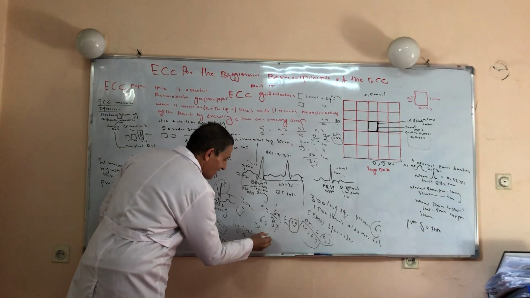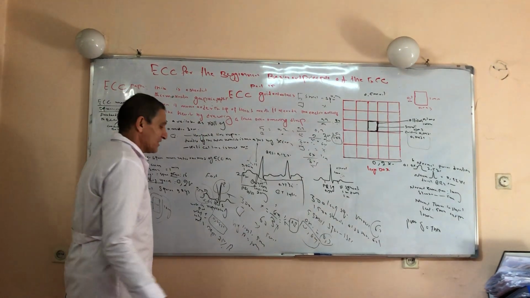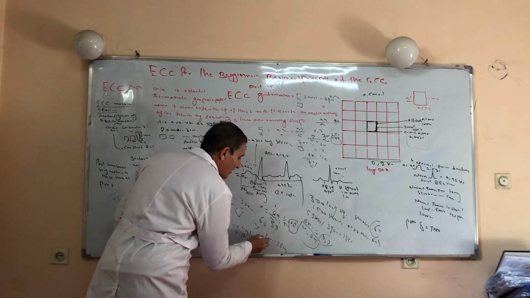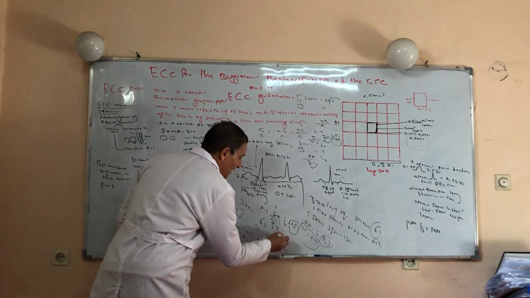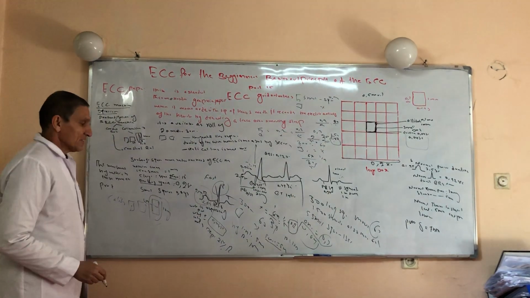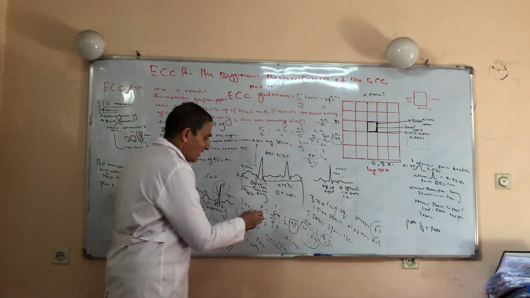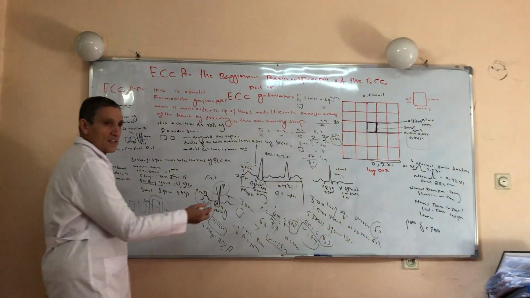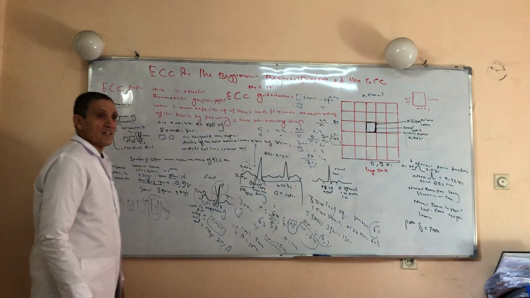The height of the T wave in the limb leads reaches 5 millimeters, and in the precordial leads 10 millimeters, like the R wave.